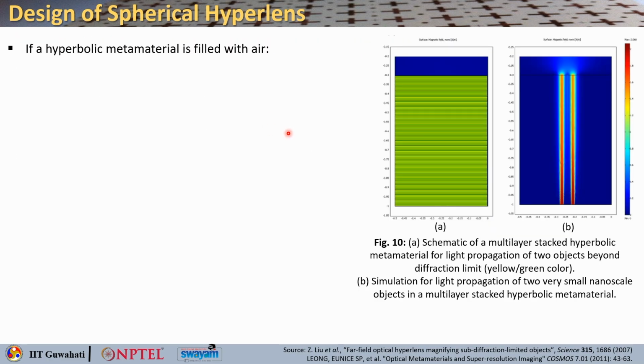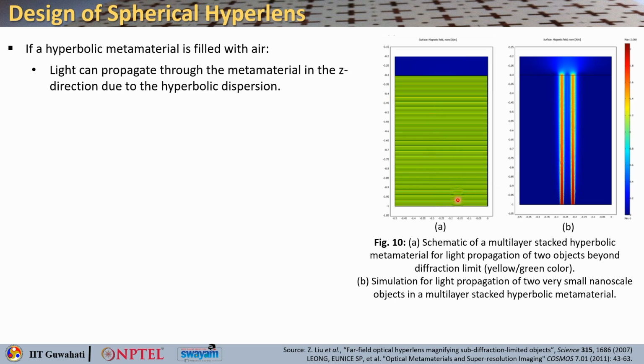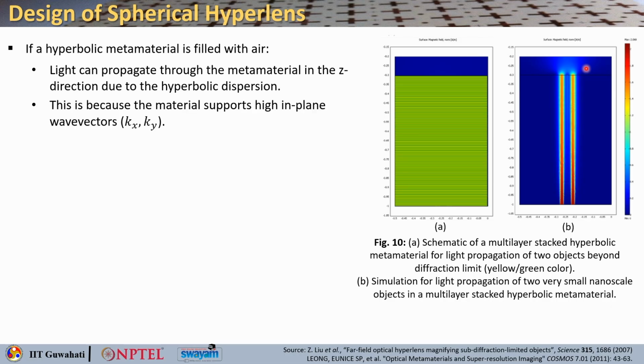Now, if you fill a hyperbolic metamaterial in the air, you can see that light can propagate through the metamaterial in the z direction due to the hyperbolic dispersion, because that is where your kz can be independent of kx and ky and it can support very high wave vector.